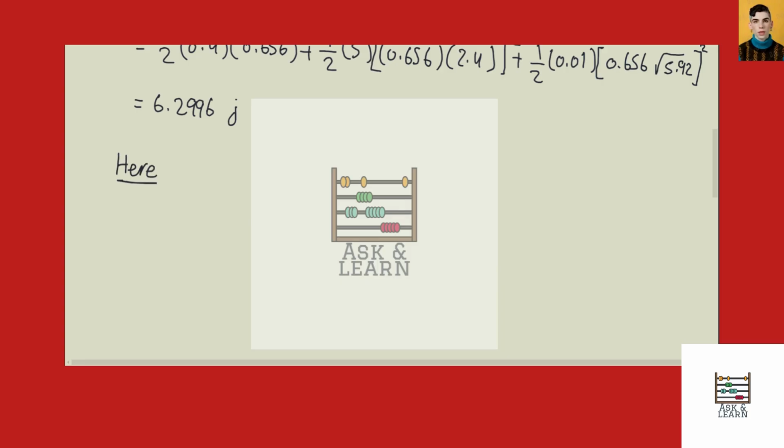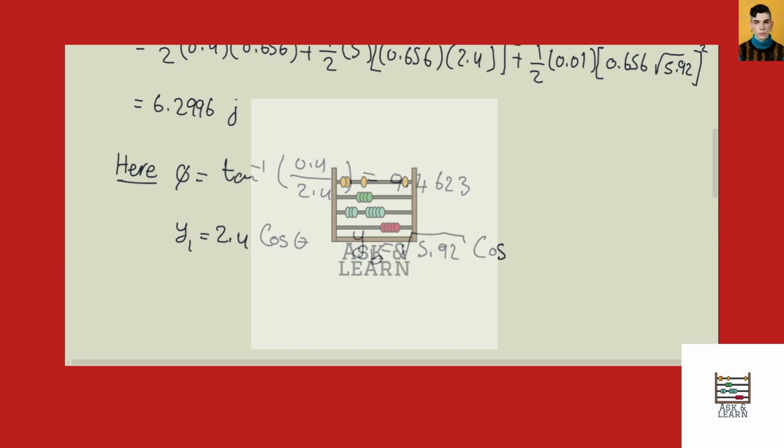So phi equals tan inverse 0.4 over 2.4, which is equal to 9.4623 degrees. Hence y_D equals 2.4 cosine theta, and y_P equals root 5.92 cosine theta minus 9.4623.